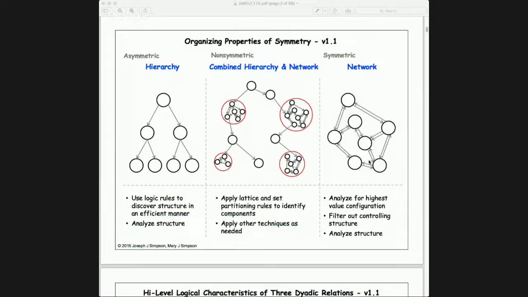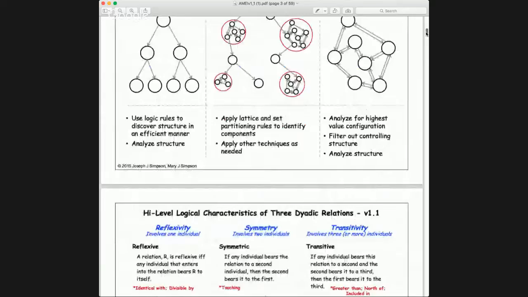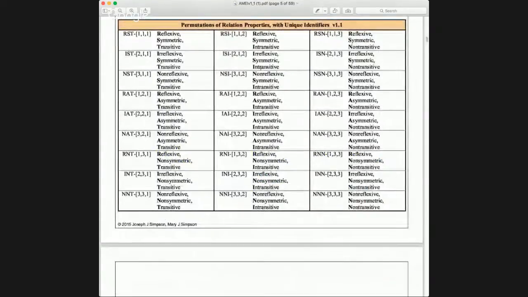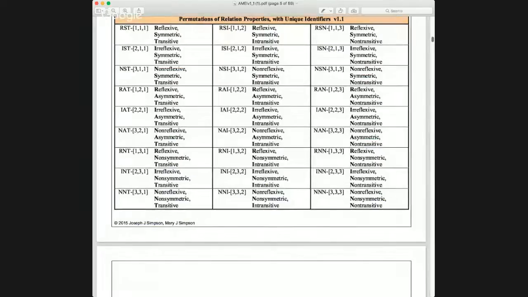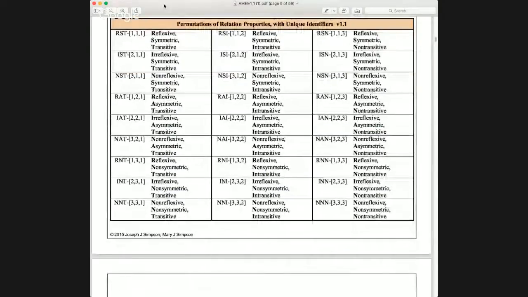I think what we've found so far in the analysis is that some of these combinations and some of these permutation groups are more valuable or more easily handled in mathematical tools than others.